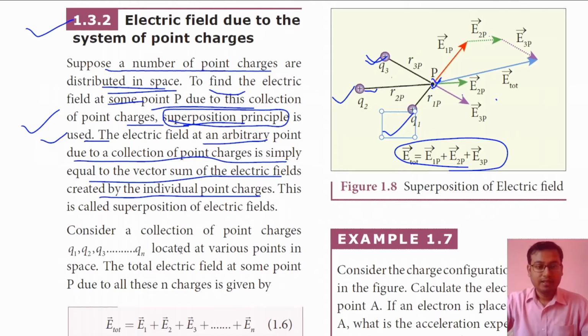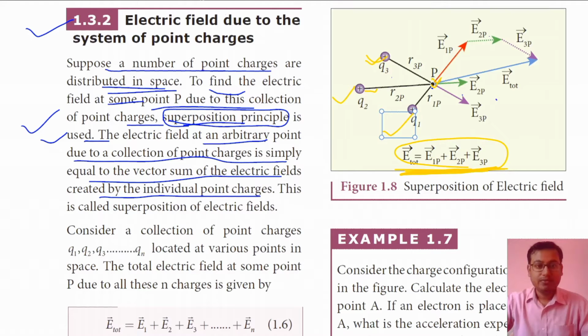Consider a collection of point charges q1, q2, q3 up to qn located at various points in space. In this figure 1.8 we have taken only 3 charges, q1, q2 and q3.